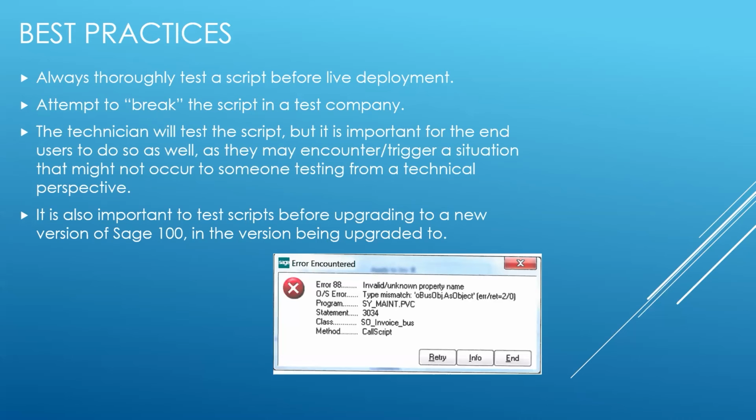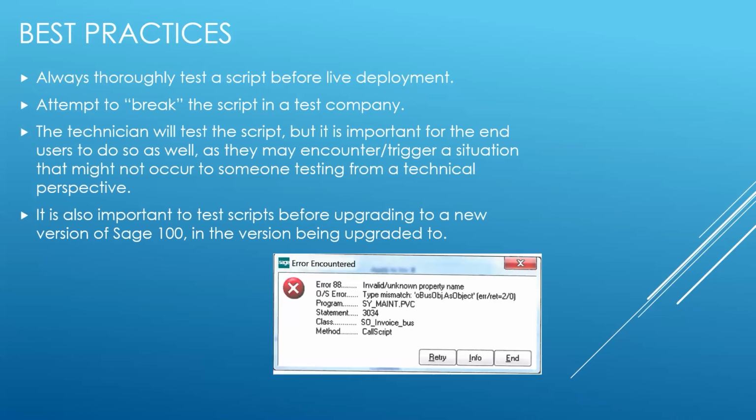So the way that we interact with the software is a little bit different. It's also just good to have multiple people test a piece of script to make sure that there's nothing that could trigger some sort of error down the road, so we can avoid complications.